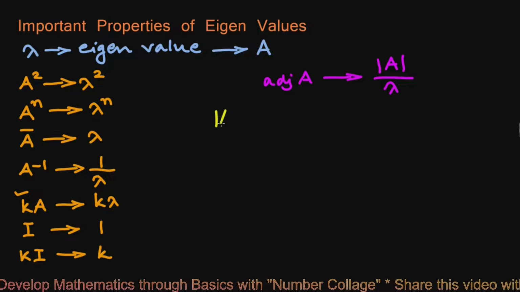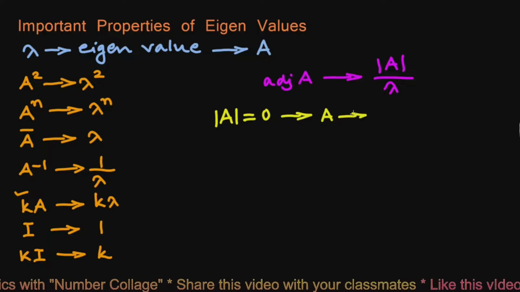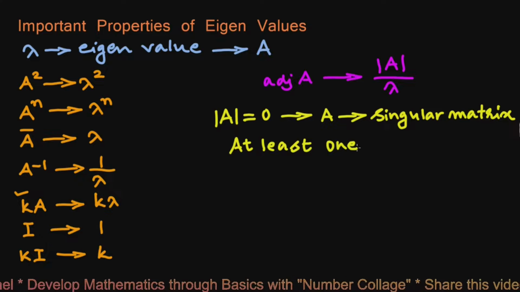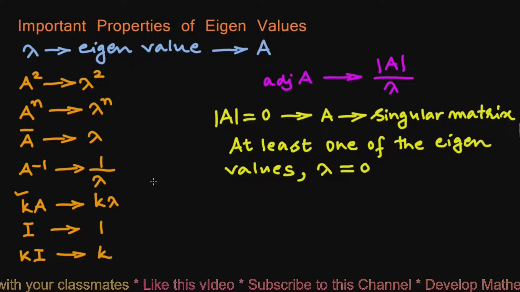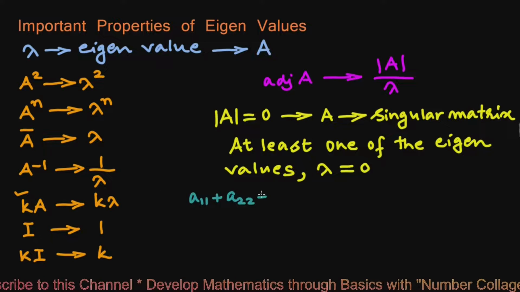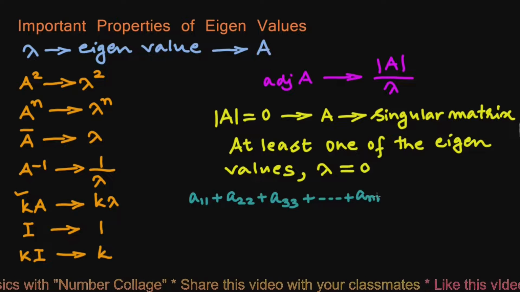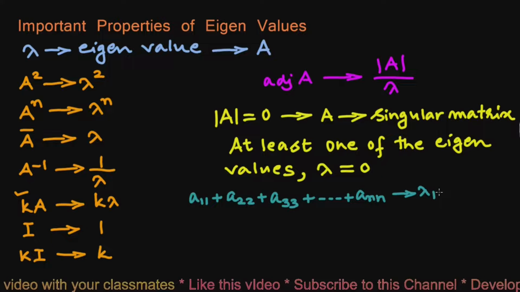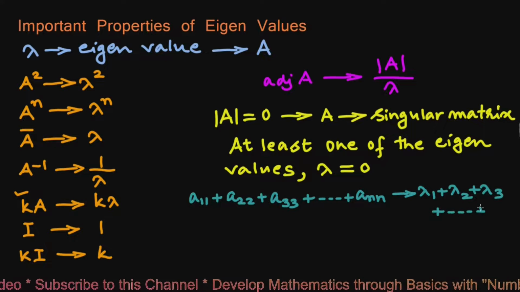If determinant of matrix A is 0, it means that matrix A is a singular matrix, and in this case at least one of the eigenvalues, that is lambda, is 0. Next, sum of the diagonal elements of matrix A, that is a11 plus a22 plus a33 plus so forth plus ann, is sum of the eigenvalues of matrix A, that is lambda 1 plus lambda 2 plus lambda 3 plus so forth plus lambda n.